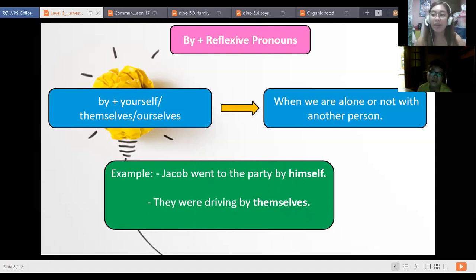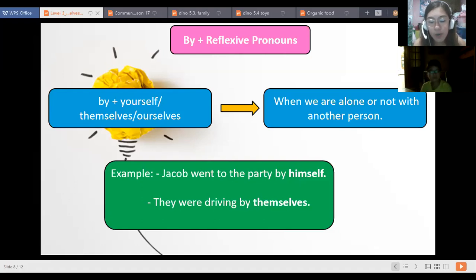Okay, can you read? By plus reflexive pronouns. By plus yourself, themselves, ourselves. When we are alone or not with another person. Example, Jacob went to the party by himself. They were driving by themselves.